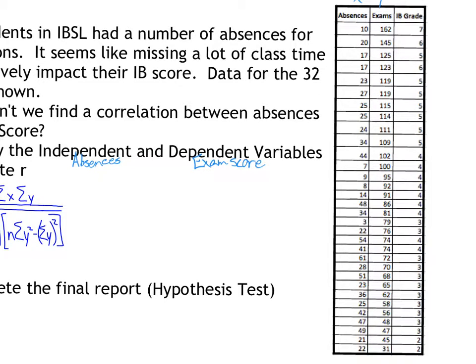Now, is that true in every case? Obviously not. You'll notice we had one person here who had 44 absences, but they still got 102, which isn't horrendous, okay? But then down here you have people who only had 21 and 22 absences, and they got the lowest 2 scores.